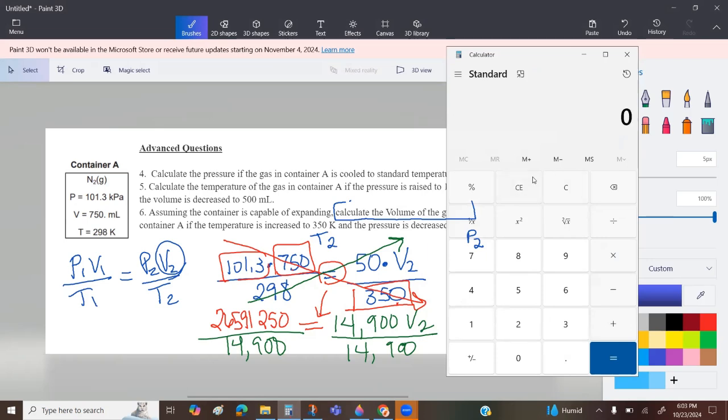Let's do it one more time. 101.3 times 750. I think this would be better if it was done in liters. Times 350. It's 26,000, blah, blah, blah. Divided by, yeah, it is. It's 1,784.6.